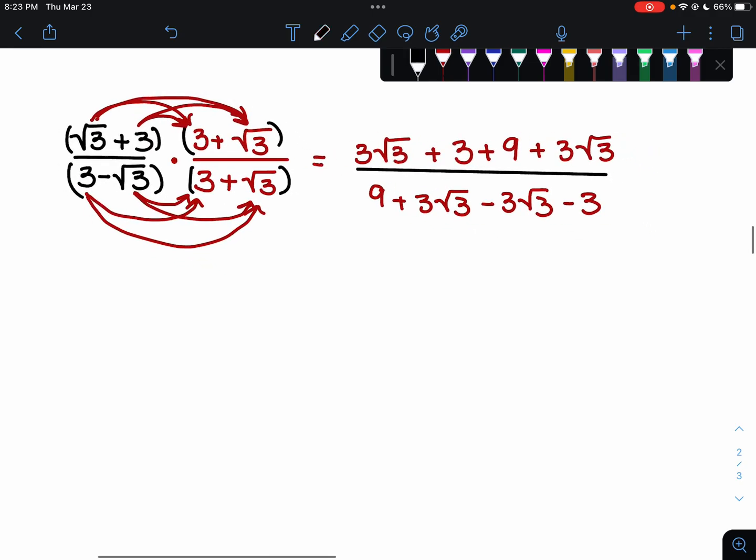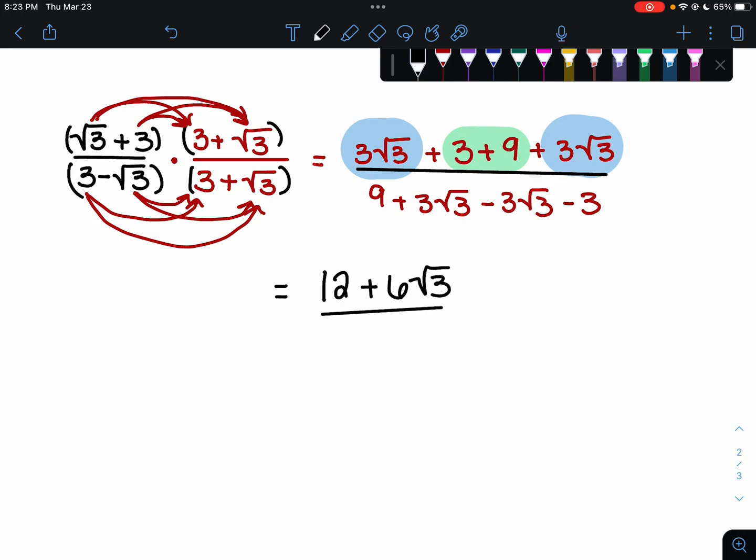So here we start simplifying and combining like terms. On top, these right here turn into a 12. This and this turn into a plus 6 rad 3. On bottom, we see that these cancel out, and 9 minus 3 is 6.